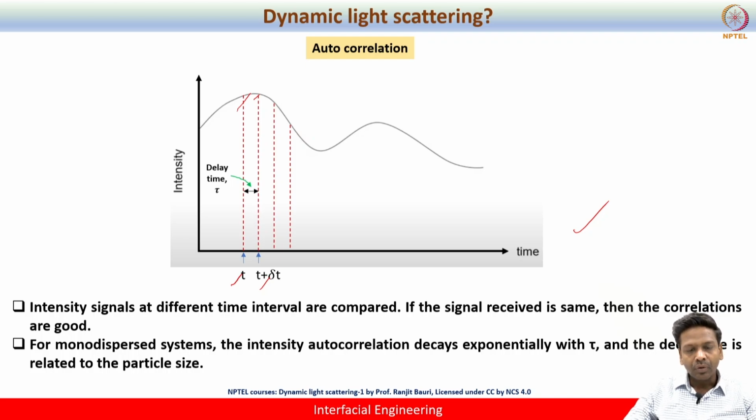The system will try to give you a mean decay constant by processing these data. For example, if you deal with a monodispersed system, the autocorrelation decay will be exponential in nature, and you can easily find the decay constant, which can be used to calculate the particle size.